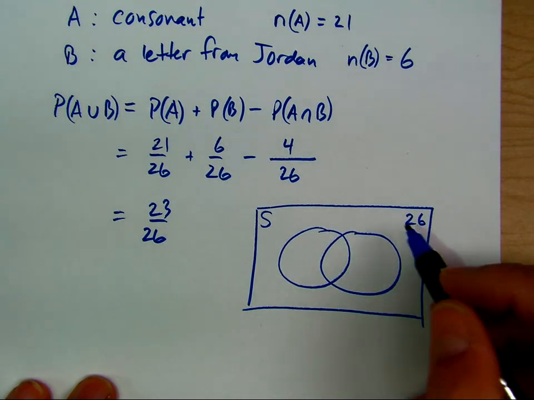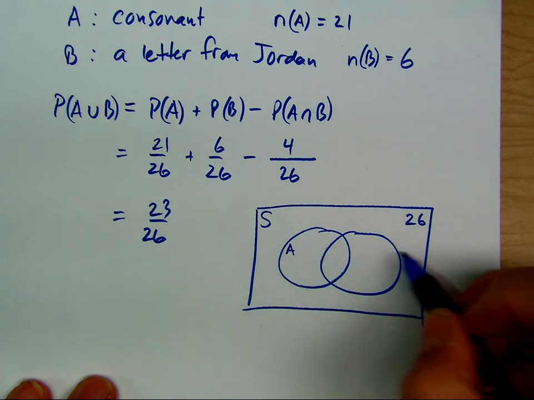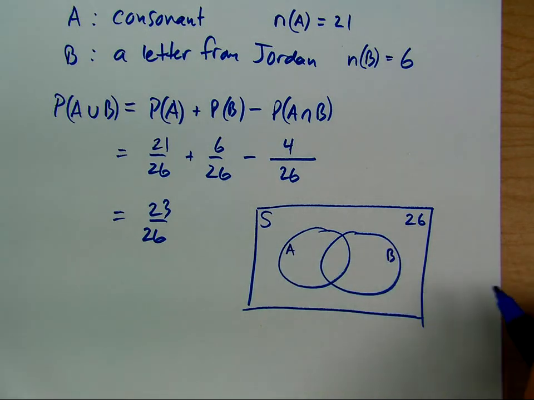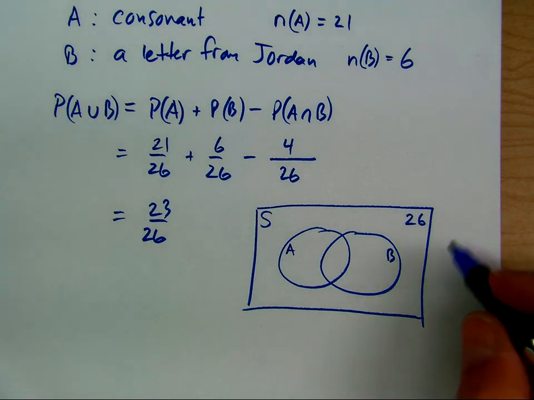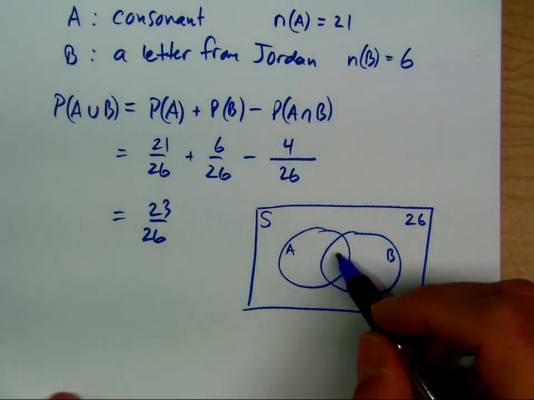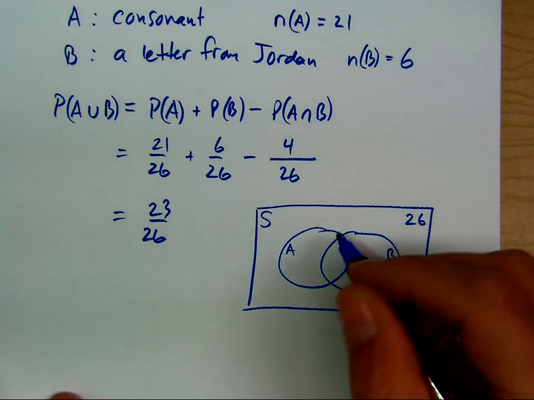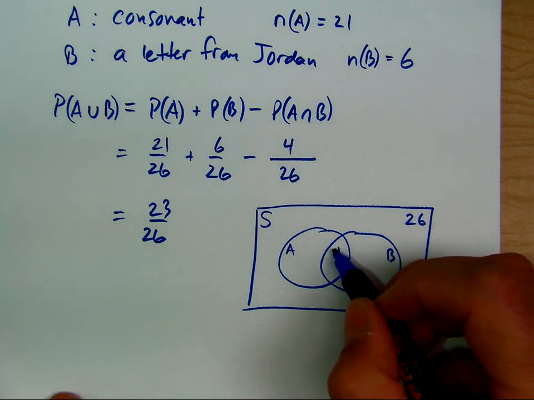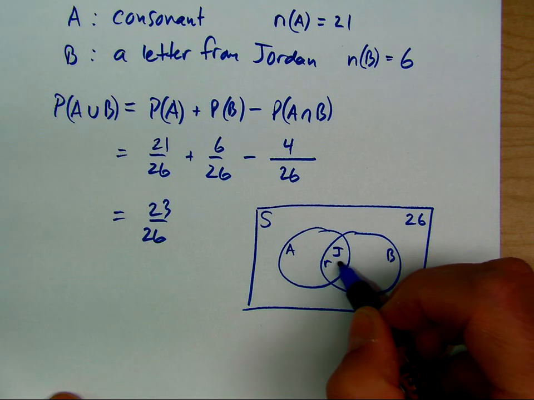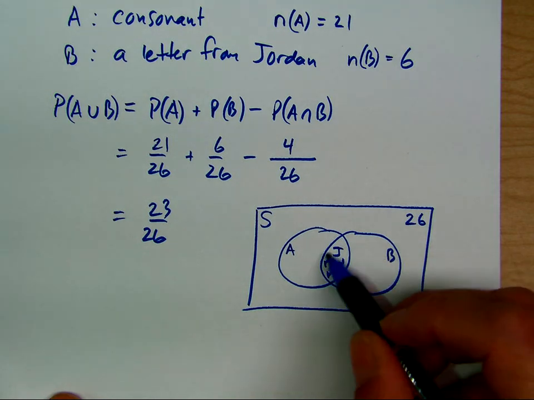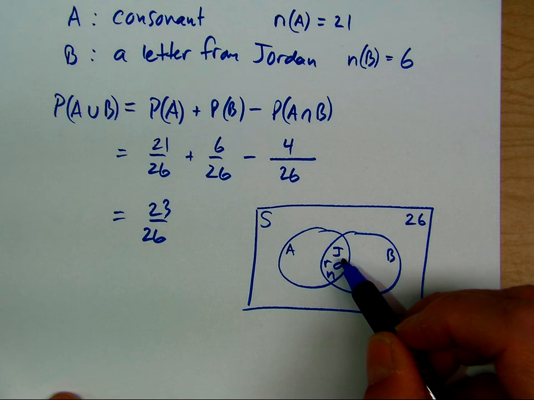And so event A is a consonant, event B is Jordan, and let's start looking at the intersection of consonants and Jordan. Well, we have J, R, D, N. Those are consonants and in Jordan.